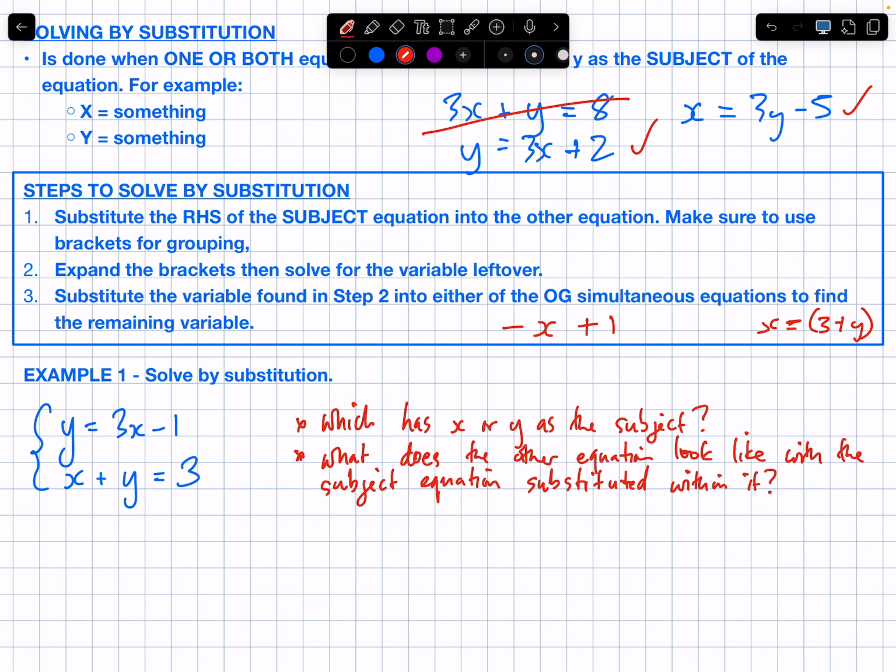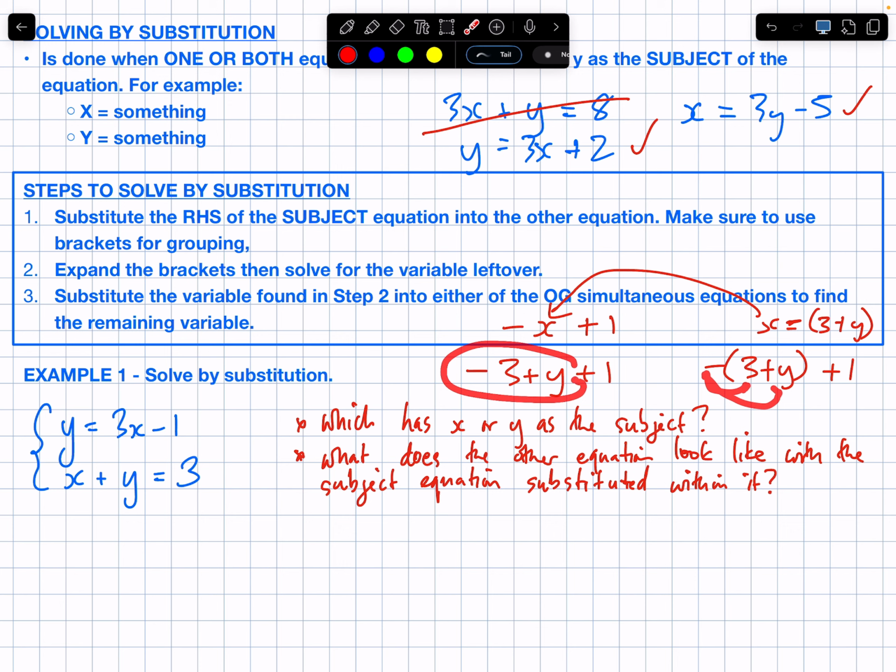If I substitute it, if I put that x here, and I didn't write brackets, it would say negative 3 plus y plus 1. But that's going to be wrong, because it should be negative the whole thing, 3 plus y plus 1. Why does that make a change? Because that negative gets applied to 3, and it also gets applied to the y. Whereas here, that negative only applied to the 3. It didn't affect the y, so you're going to get the wrong answer if you didn't put brackets around it, okay?